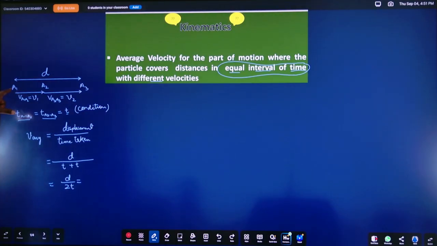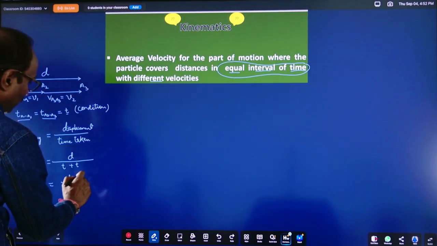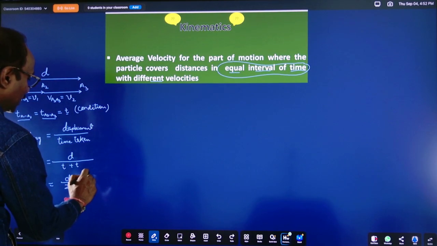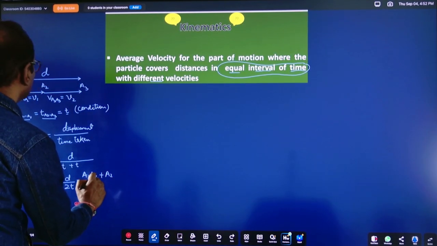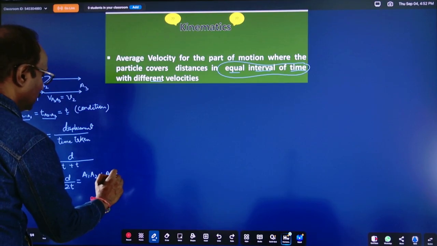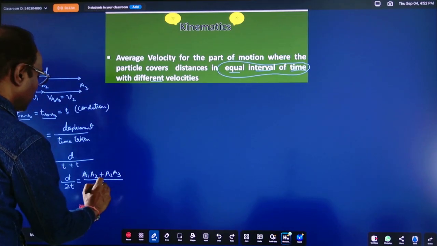From A1 to A2, the particle moved with a magnitude of velocity V1. So V1 into T will be A1 A2, plus A2 A3, by 2 into time.